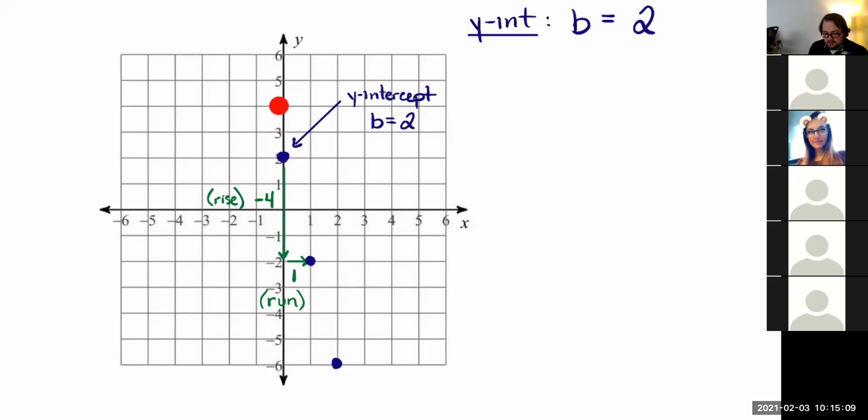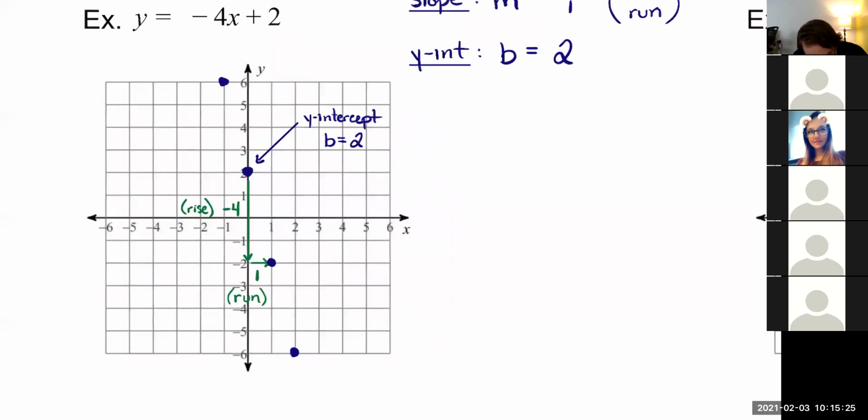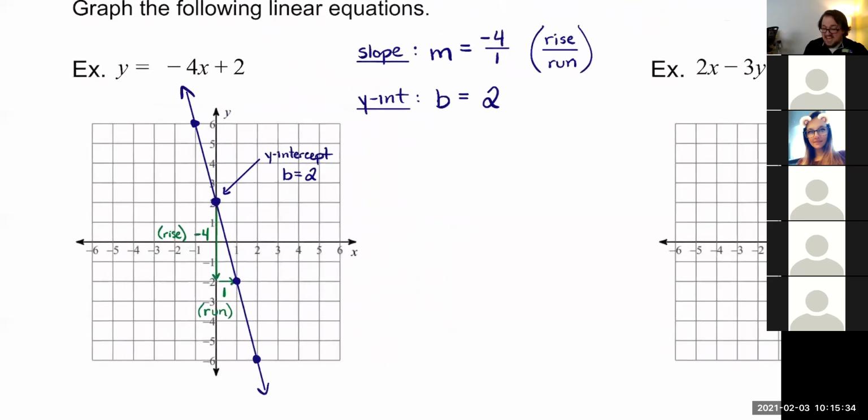And very quickly, with minimal work, no several sets of calculations, I found 4 points. Then I just need to grab a straight edge or a ruler if you have one handy, draw my line, and it's done.